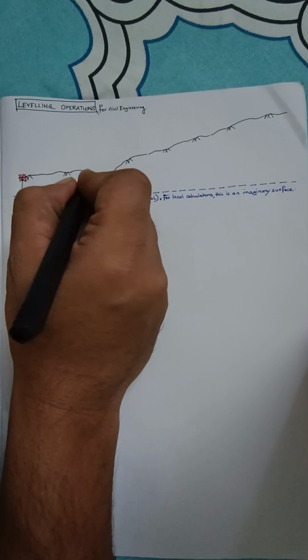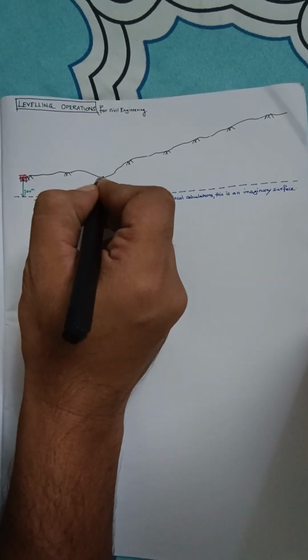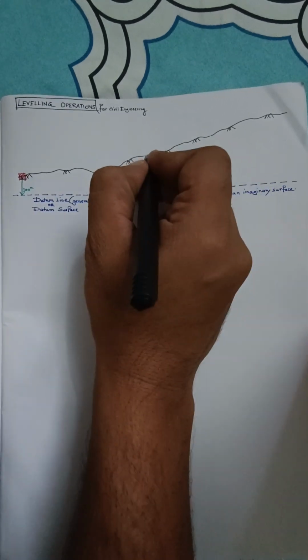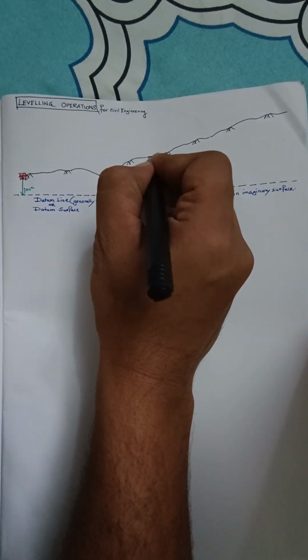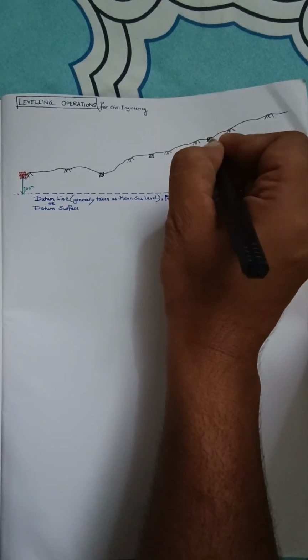Just for your ease of understanding, let me locate one point over here. I just drew it. Let me mark another point over here. See, these are all random points. There is no restriction that you have to consider these points. Just for your sake of understanding, I have determined these points.